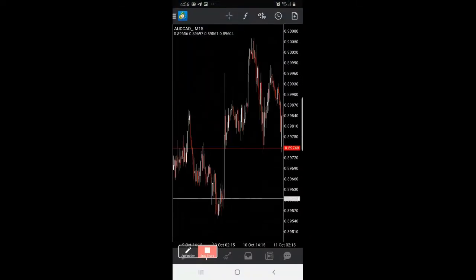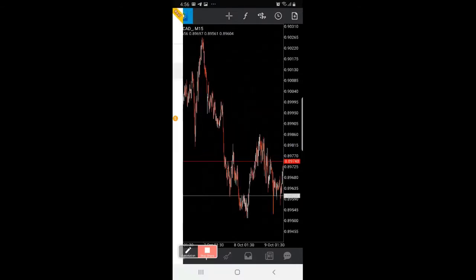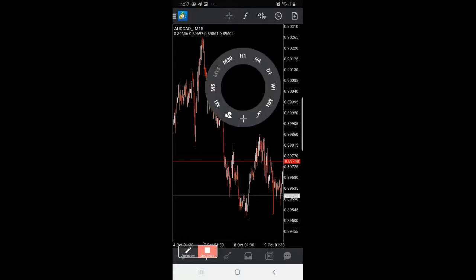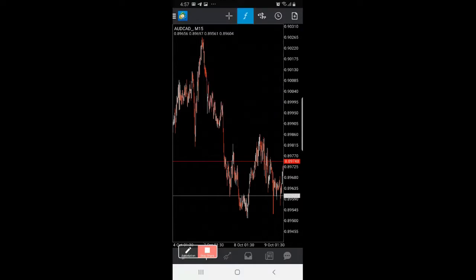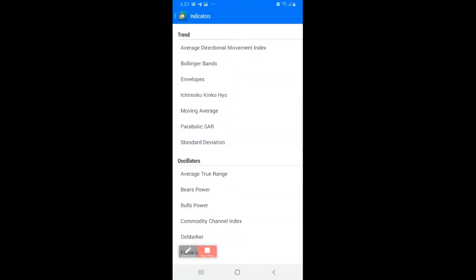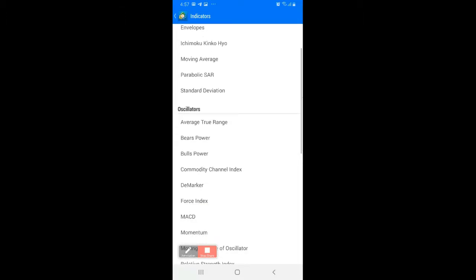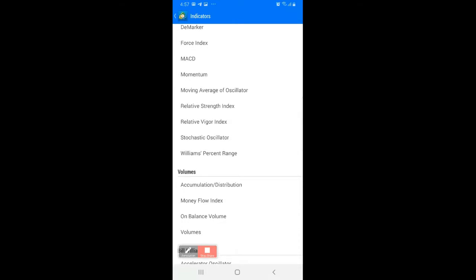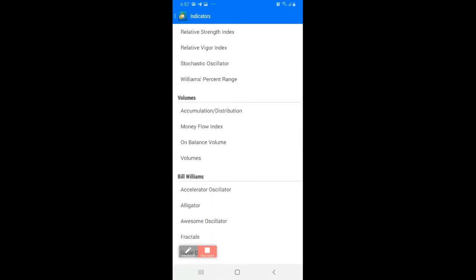So basically your chart looks like this, okay? What you want to do is hit this up here, that icon for indicators, or you can actually go here. And I want you to look for the relative strength index. See it there?